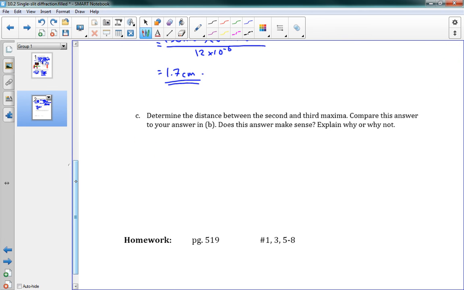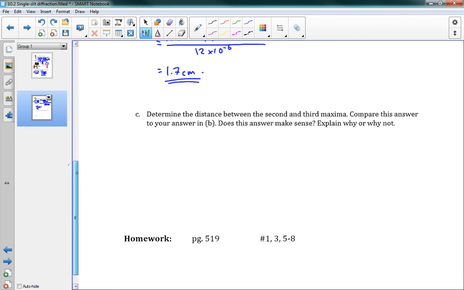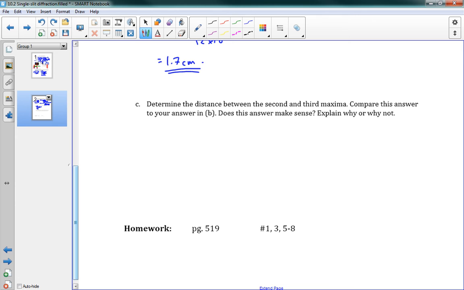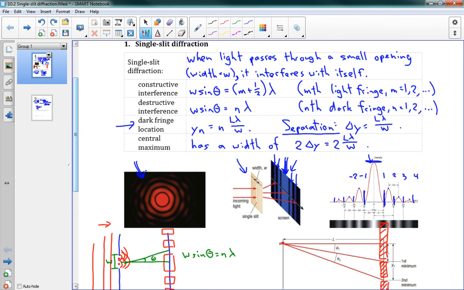And part C, determine the distance between the second and third maxima. So the second and third maxima now, not the minima. And we want to compare this answer to the answer in B. Does this answer make sense, and why or why not? Well, second and third maxima, we can look at our equation here. We've got our location for the dark fringes.